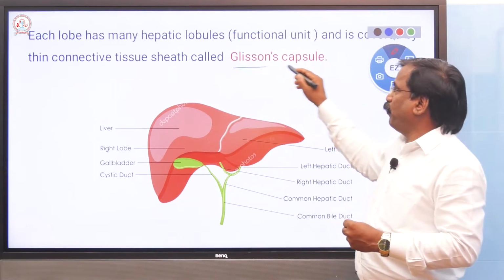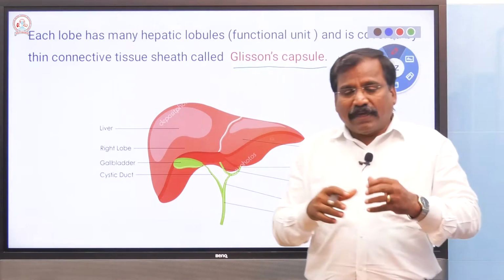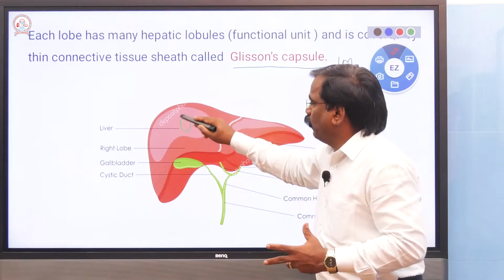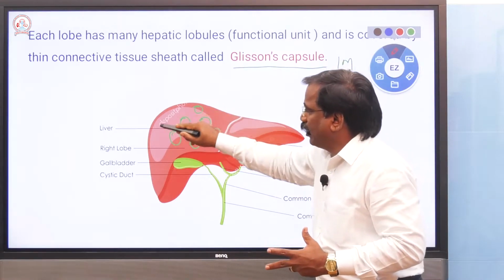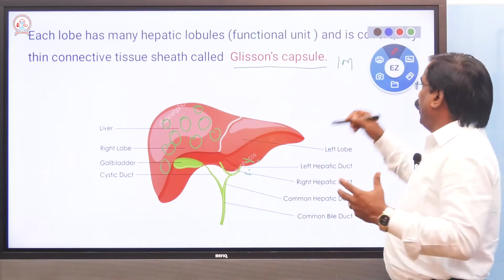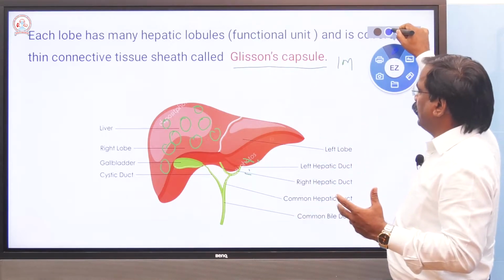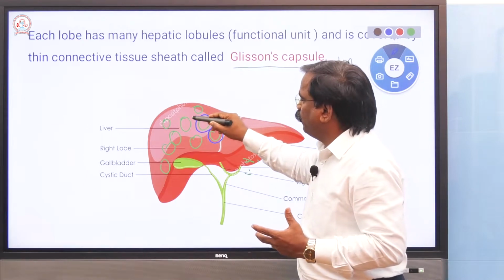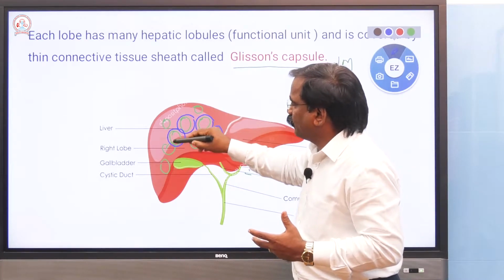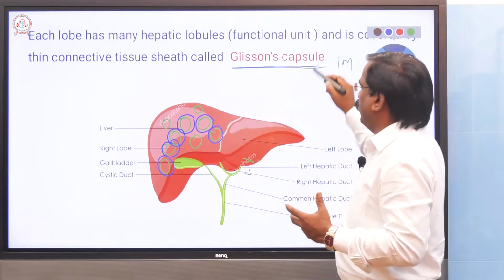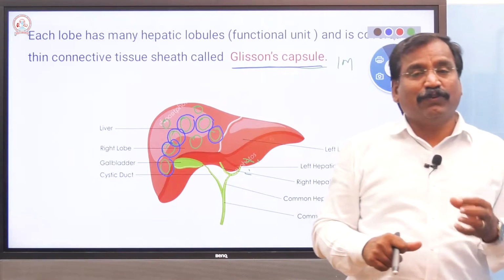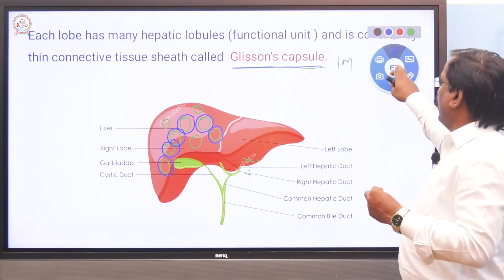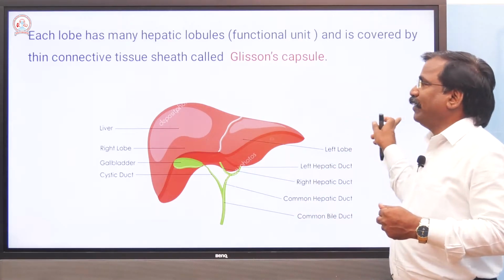That is very important, a one-mark question. Each hepatic lobule is surrounded by Glisson's capsule. Very important MCQ.